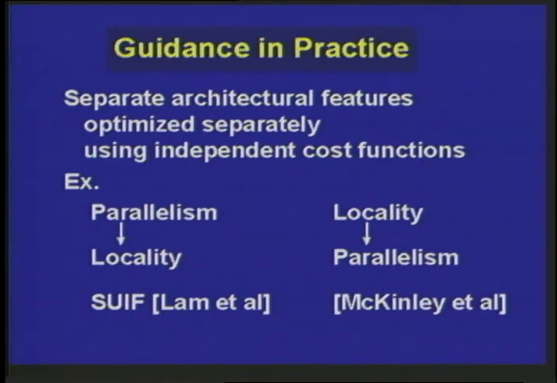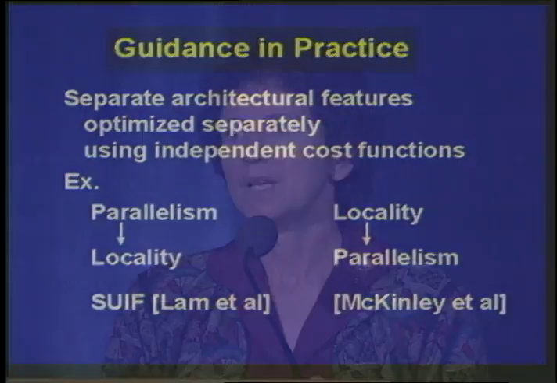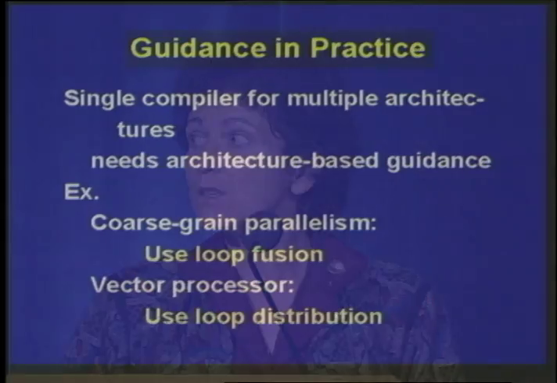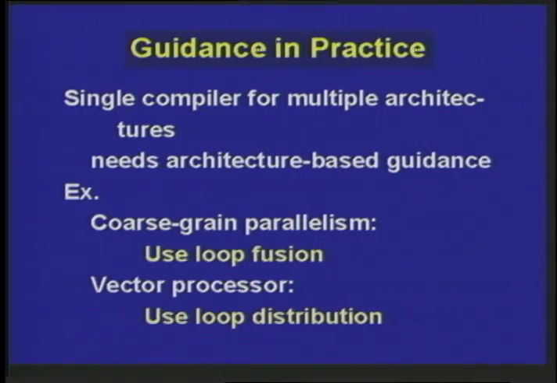Whereas in the work of Kathryn McKinley, she decided to do locality first and then do parallelism. So definitely there's some choice involved here. And traditionally there has been this separation into different problems. The other thing is that machines are evolving over time, and compilers are expensive to develop. So another trend has been to use a single compiler for multiple architectures.